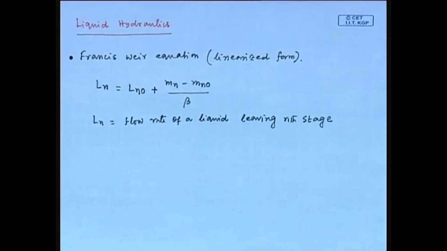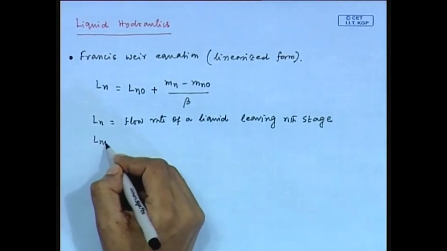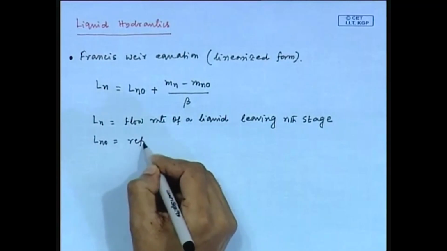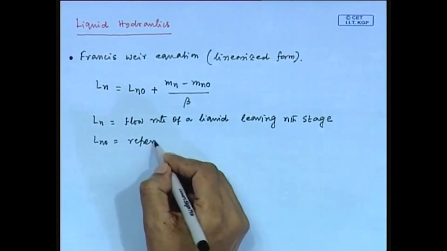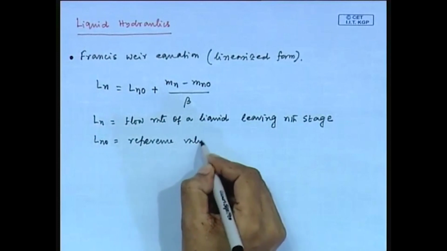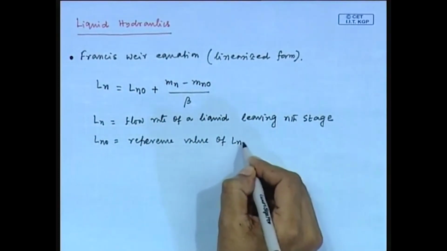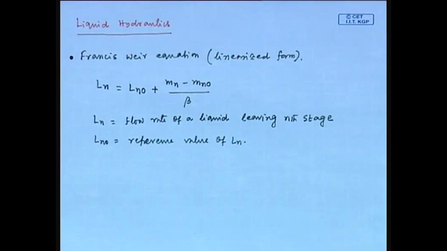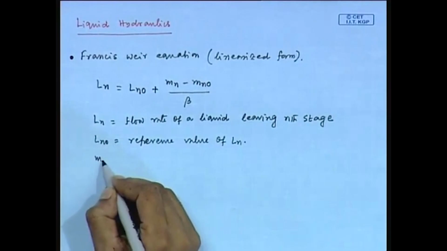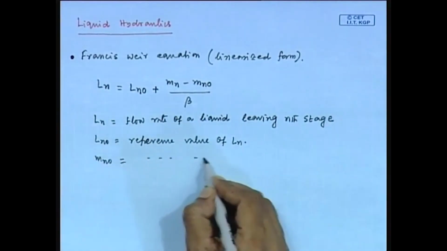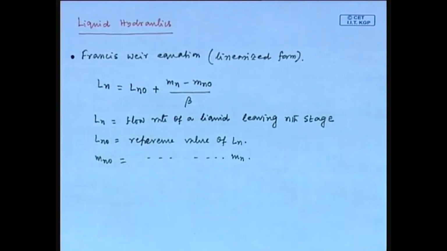Ln naught is the reference value of Ln. Similarly, Mn naught is the reference value of Mn.